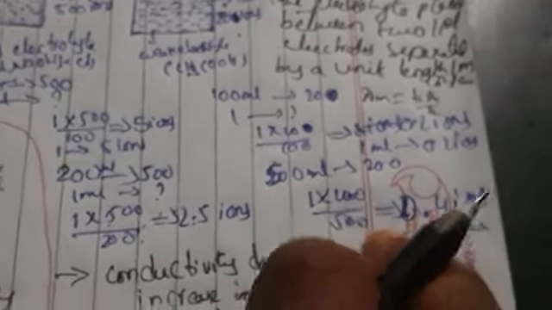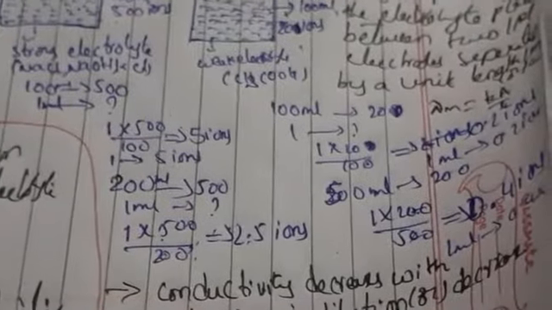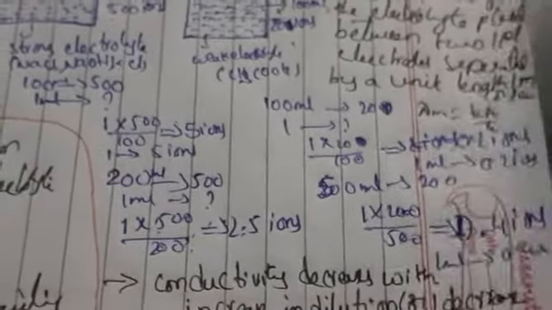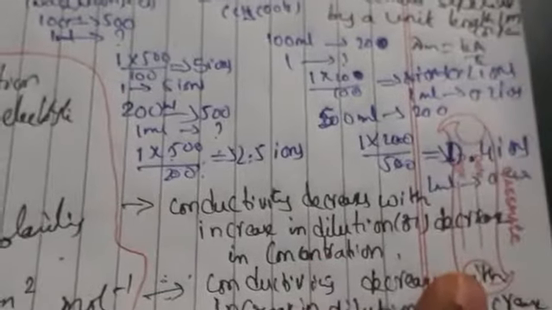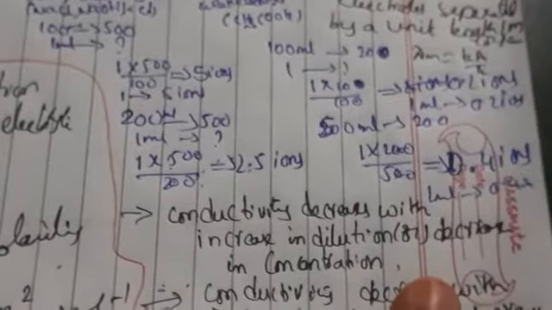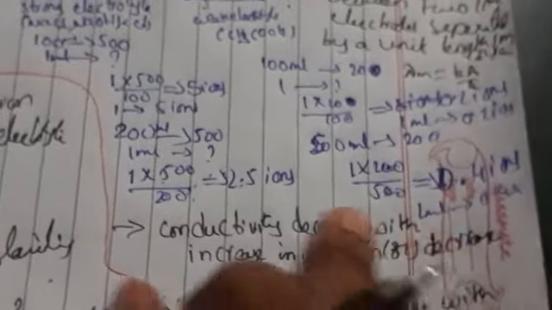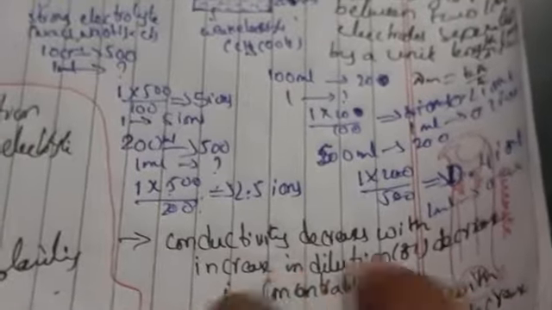We have spoken about conductivity, so now how does molar conductivity increase? This is the reverse of conductivity. Molar conductivity increases with a decrease in concentration or increase in dilution, because here the total volume of the solution contains only 1 mole of the electrolyte.